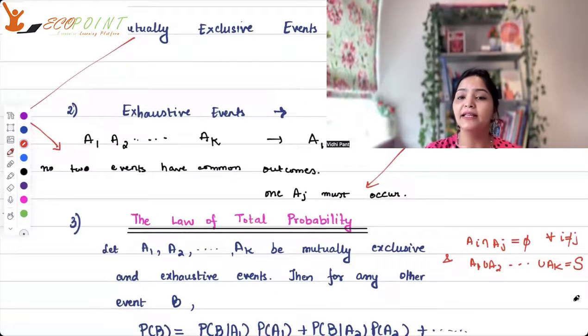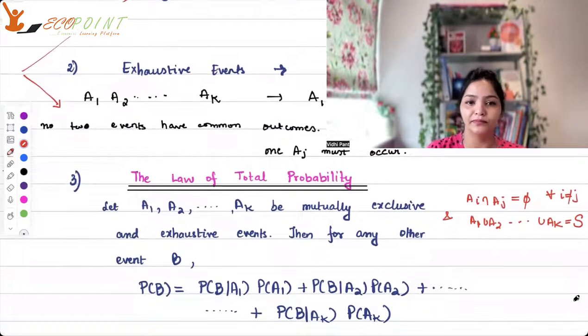Then for any other event B, suppose now some event B occurs. Now B is an event that is happening in this experiment itself, associated to this sample space itself.